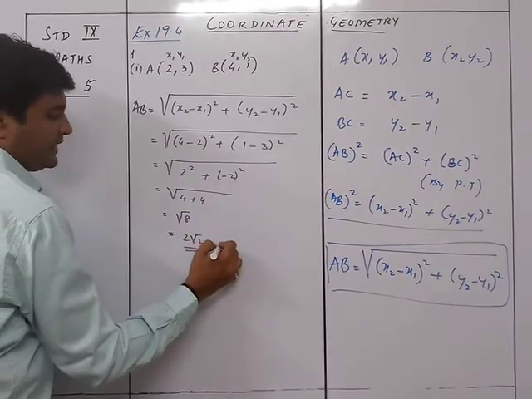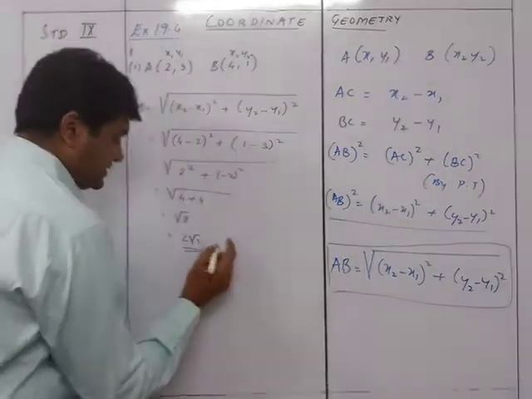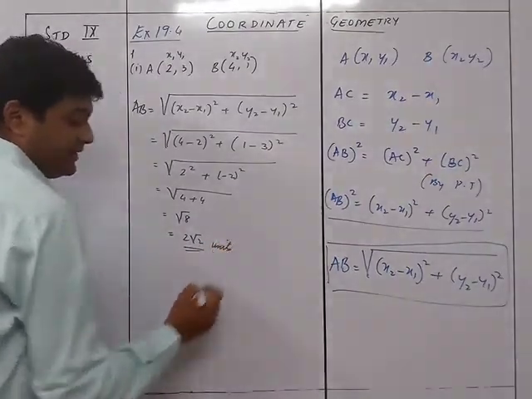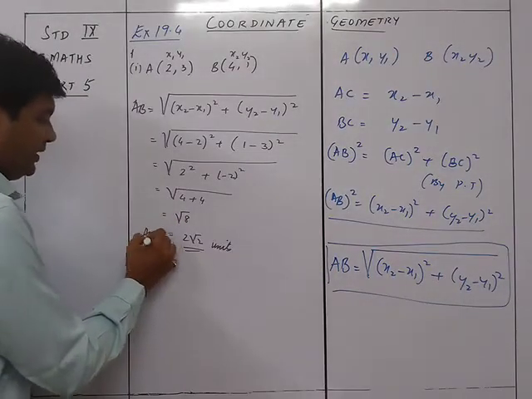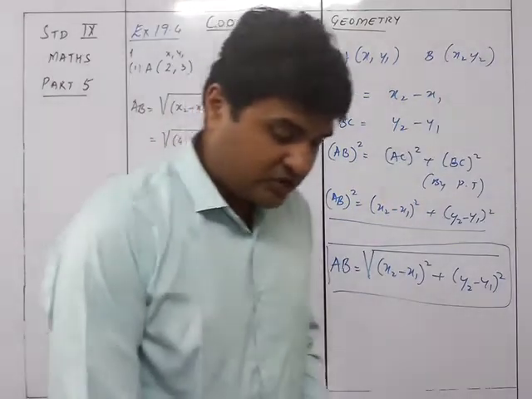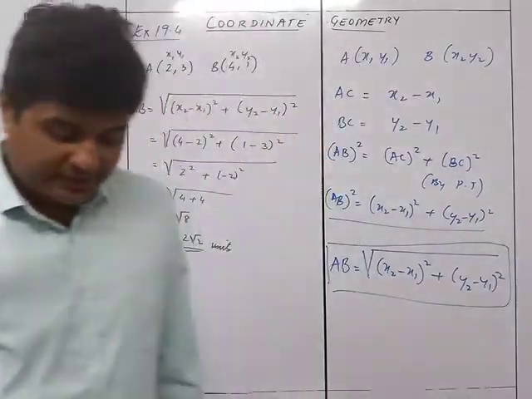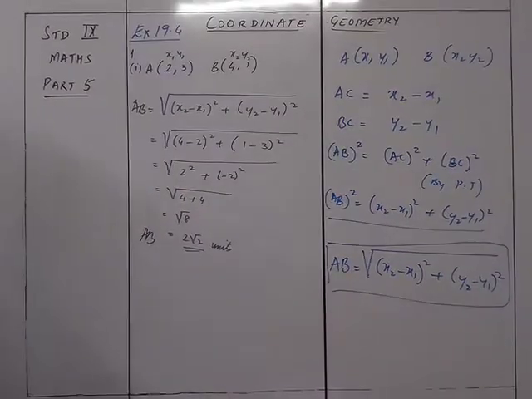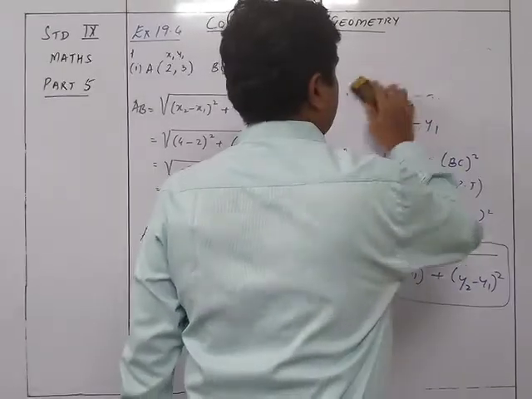So 2 root 2 units is the length of the distance AB. I'll just cross check this answer. Yes, it is 2 root 2 units. So that is the first one's first. We now move on to the first one's third.